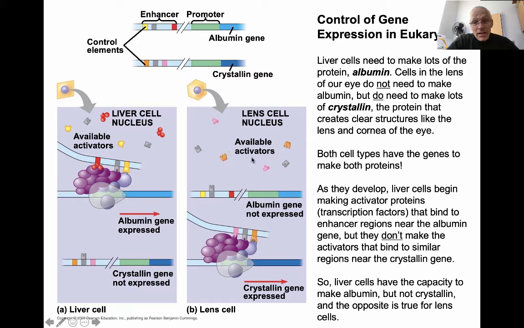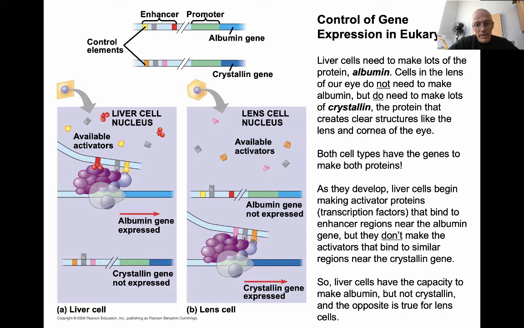In the lens cell, as it develops, because of the signals it gets, it switches on genes that produce transcription factors that do go to the site near the crystallin gene, and they bind to the DNA, and they enhance transcription.